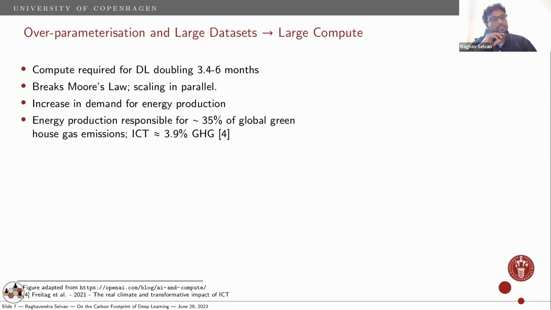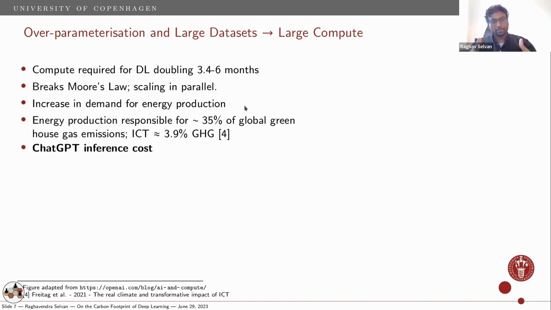It is tricky to say what portion of this is because of deep learning, but given the trends, a larger share of this data center consumption could be down the line because of deep learning. So we need to start paying attention to this.